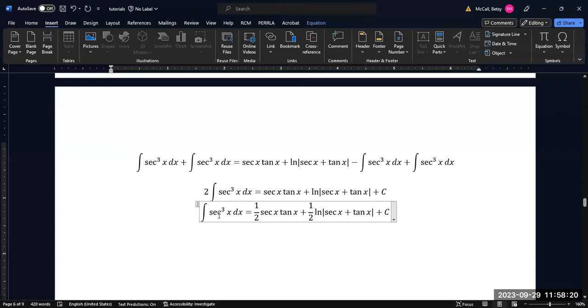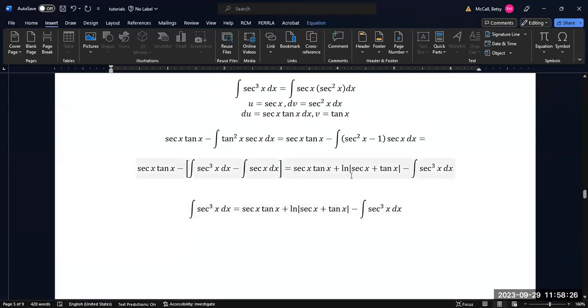If you have higher powers, where we got this secant that we could integrate, where did it go? Right here. You will only be able to reduce the power of your original secant by 2 at a time. So because of our integration by parts, you're going to end up getting a secant cubed here.